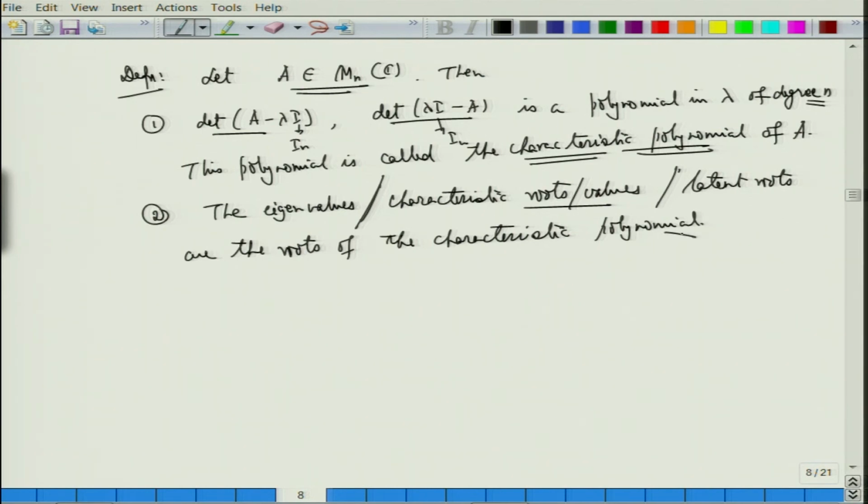Fine. So if I denote this polynomial as P, books have different notations, so I don't know what I have used. P of A, no, it should be P of lambda, P lambda of A, or just P lambda. Then we are saying just compute P lambda, put it to 0 and get the roots.